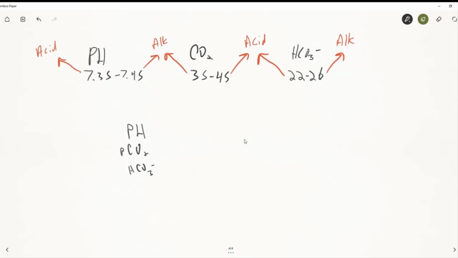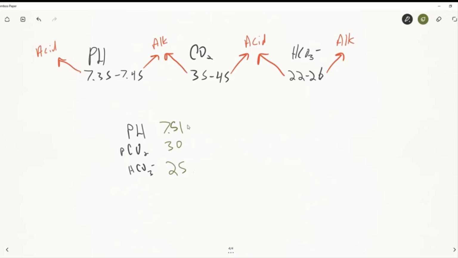We get our ABGs, and they have a pH of 7.51, a PCO2 of 30, and a bicarb of 25. Now, once you have these numbers, here's how I recommend solving these problems. The first thing after we've drawn our chart is to just look at the pH.